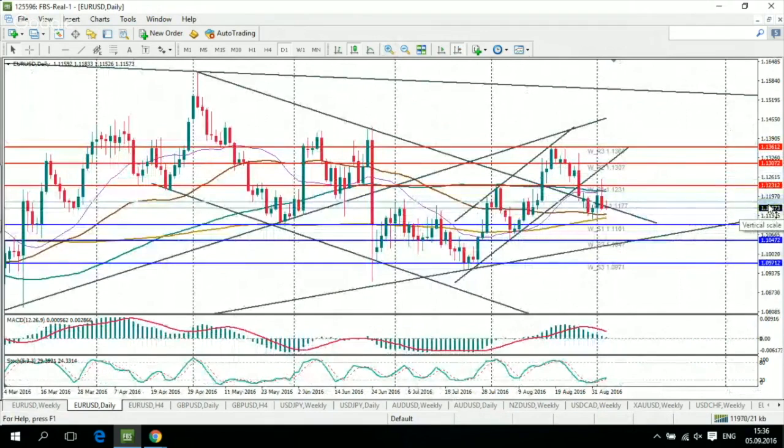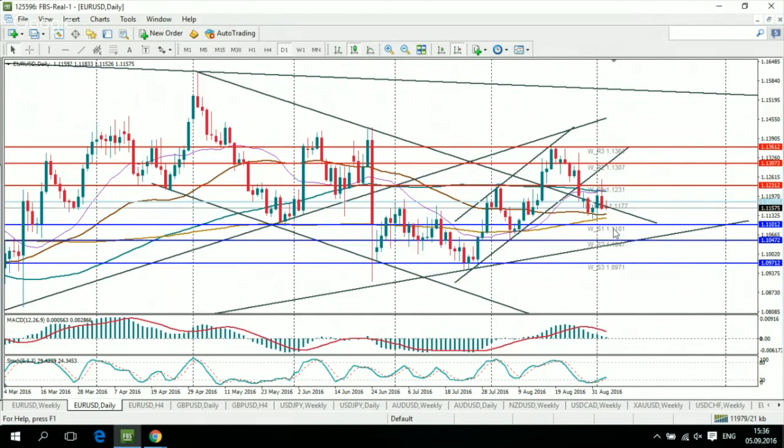This light blue line is at 1.1177. This is the central pivot line for the euro dollar, and below this level the picture for the euro dollar is bearish. We can see that we are in the bearish territory now, and the weekly support according to this pivot indicator is also at the 1.11 level.